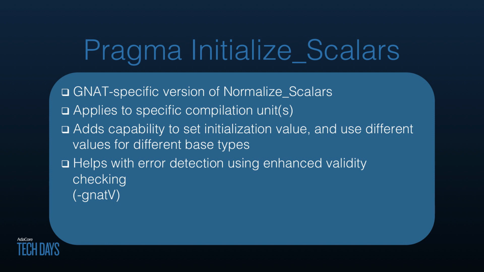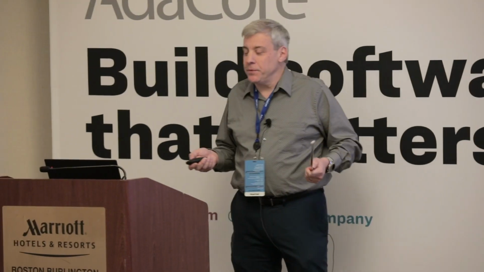Initialize_Scalars also allows you to set different initialization values for different types. Shorts can have different values than longs, floats can have different values than booleans, or whatever is necessary. It's not a default. And you turn on the validity checking with gnatV, and you'll see all those errors if you've ever done a read before a write.